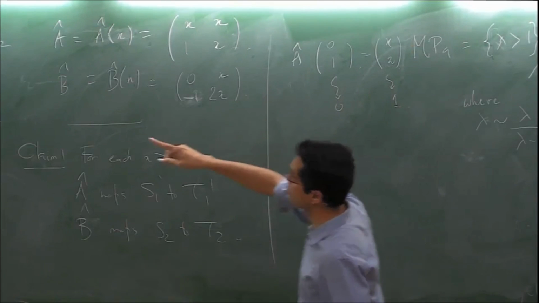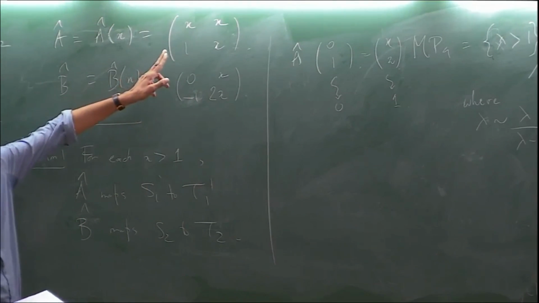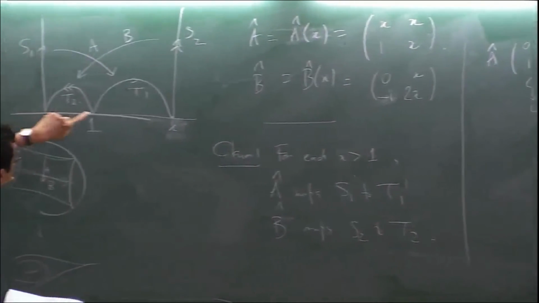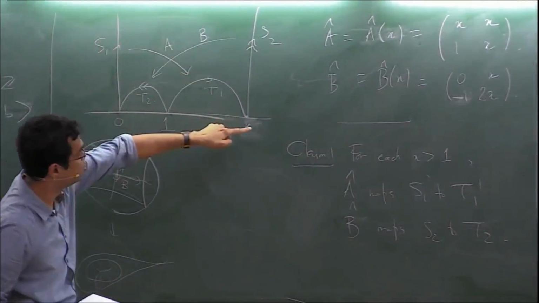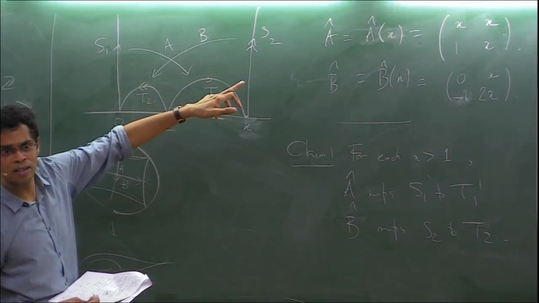So you can check that. Once you normalize and make it into PSL2R, these transformations take this geodesic to this geodesic. So 0 goes to 1, and infinity goes to x, and so on. Any questions right now?